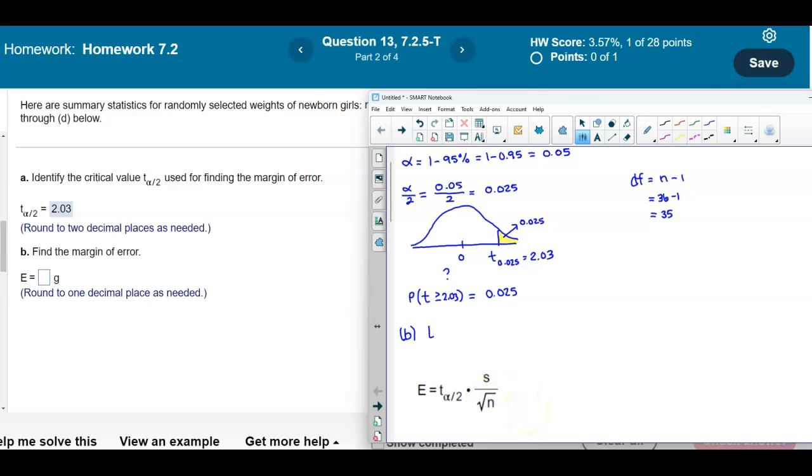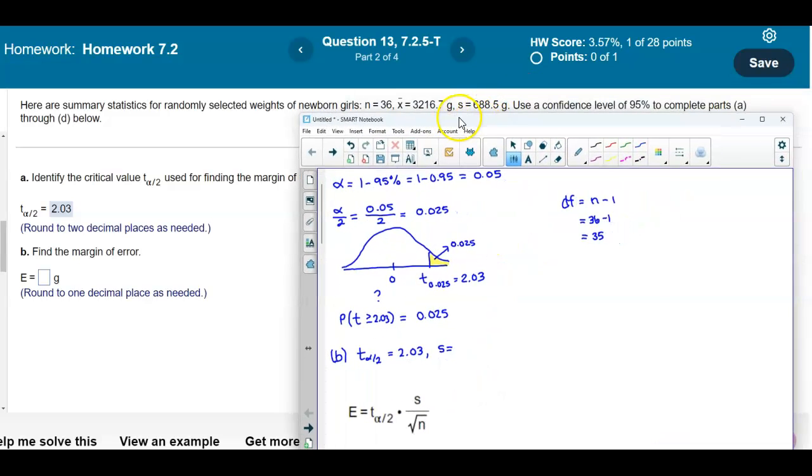We determined that the critical t value is 2.03. The sample standard deviation is 688.5 grams, and the sample size is 36.